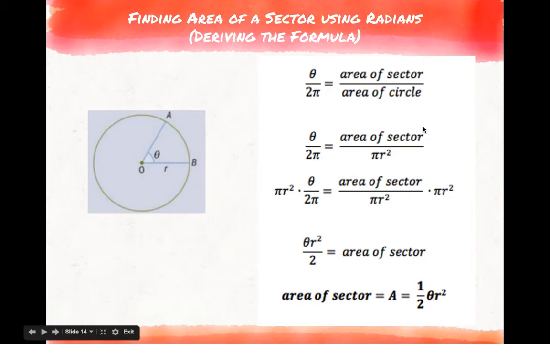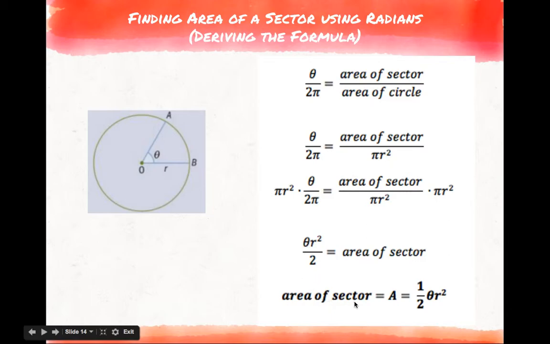I'm trying to solve for the area of the sector, so what I need to do is multiply both sides by pi r squared. These cancel out, so the area of the sector is equal to, now over here, this pi and this pi cancel out, and I'm left with r squared times theta divided by 2. I ended up switching the order of these because on your formula reference sheet, they put the theta first.